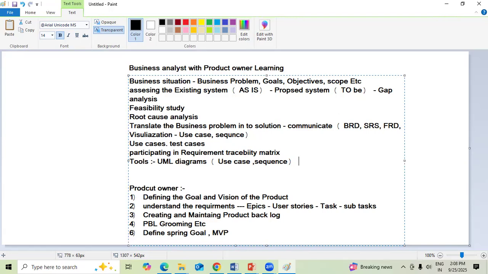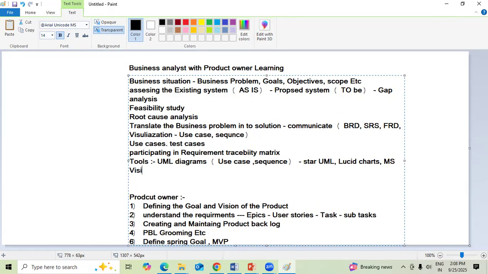For that, we have many tools, as I told you. I'm just mentioning a few: Star UML, Lucidchart, Microsoft Visio, etc. So all these can be used. This is for the UML diagrams part.